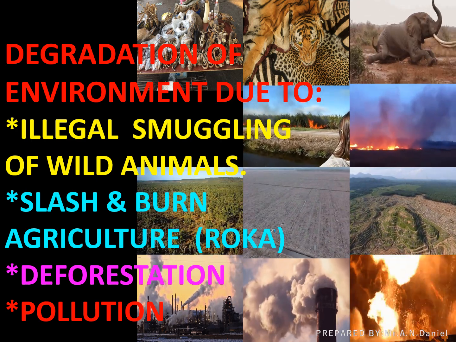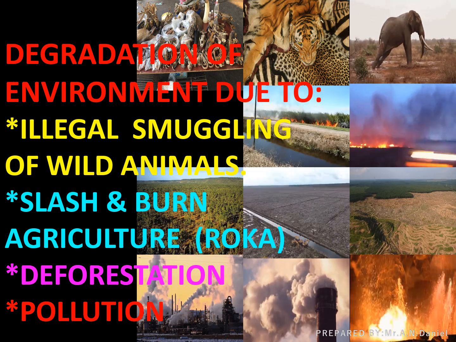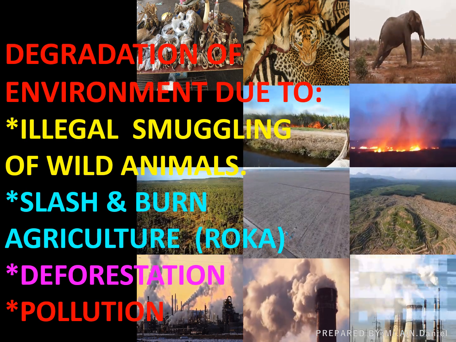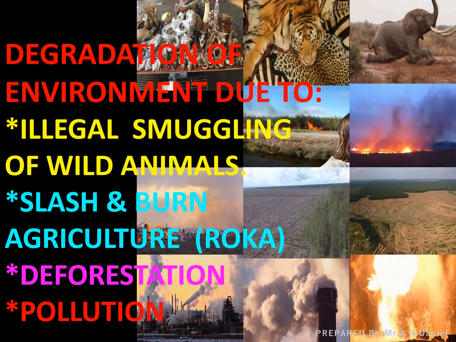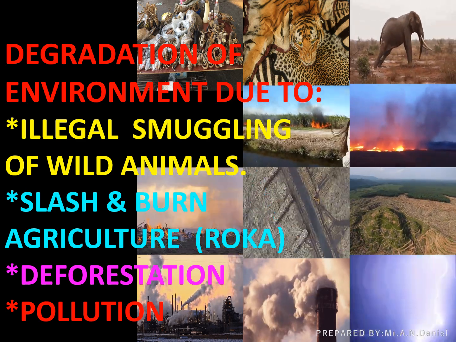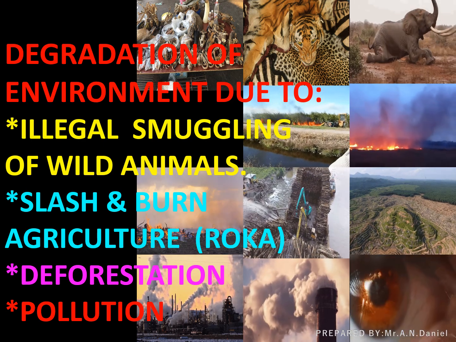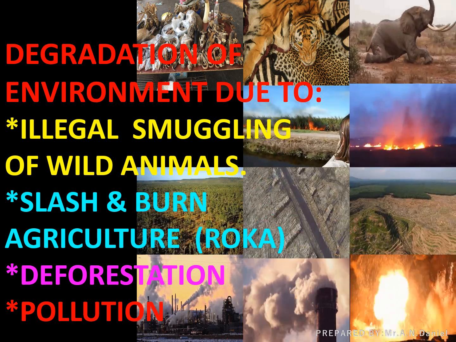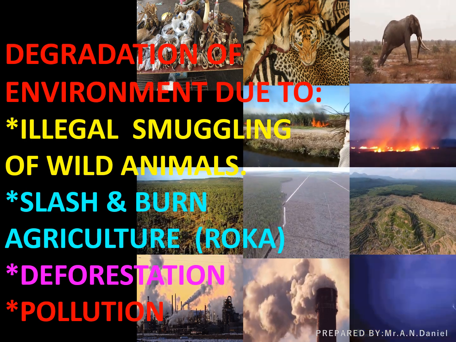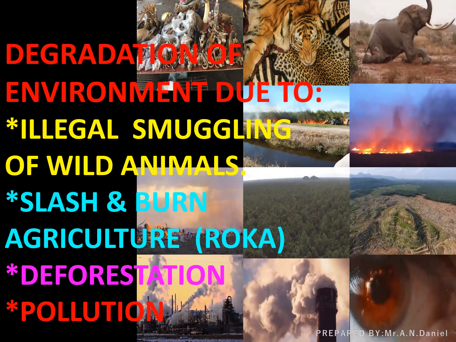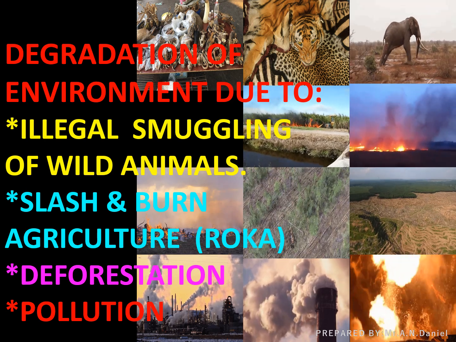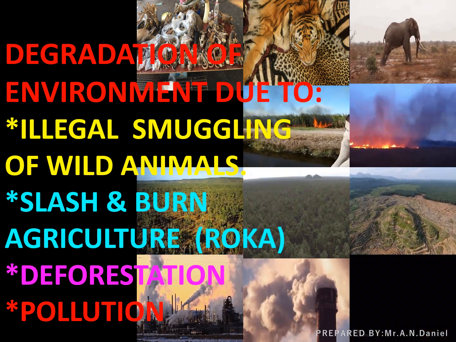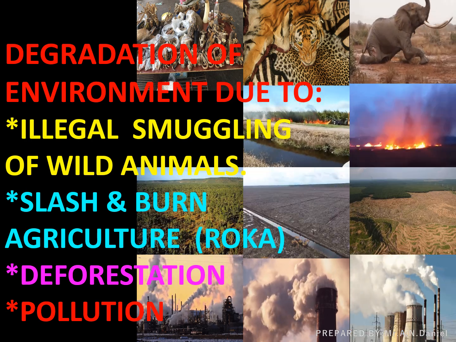Second, the Brazilian farmers follow slash and burn agriculture. Traditionally, it is called roca type of agriculture. Nowadays, because of exploitation of natural resources, deforestation is taking place.